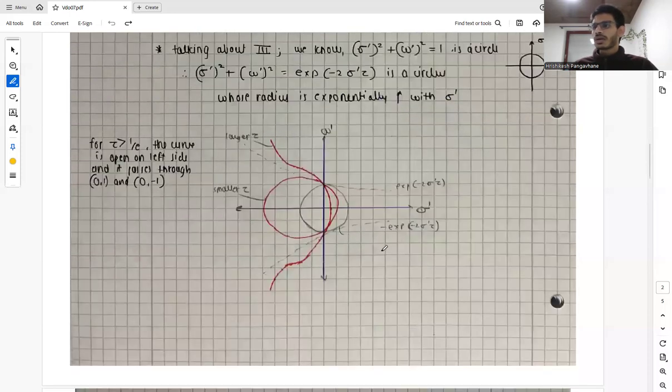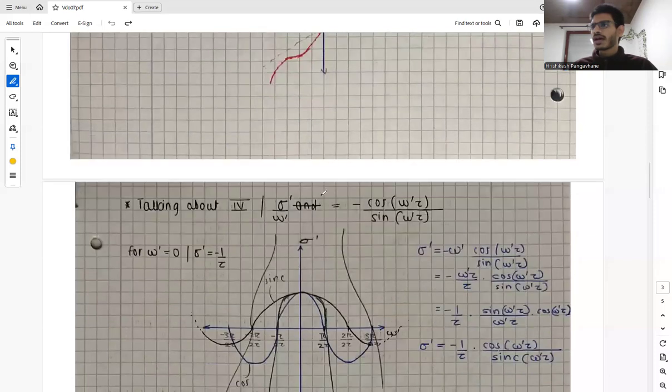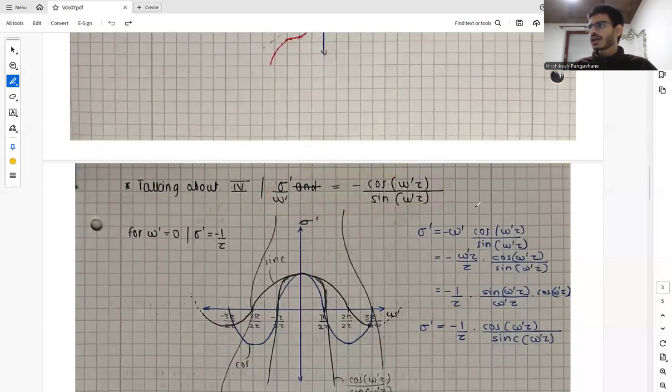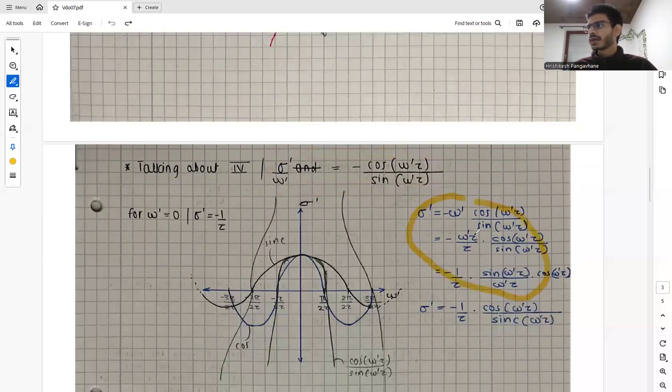Now talking about equation 4, this equation can again be rewritten as sigma prime as a function of omega prime. When we plot sigma prime against omega prime, we have this entity, and this is scaled by this factor.